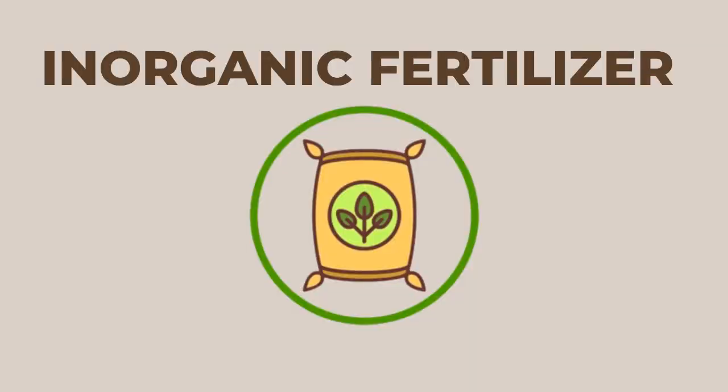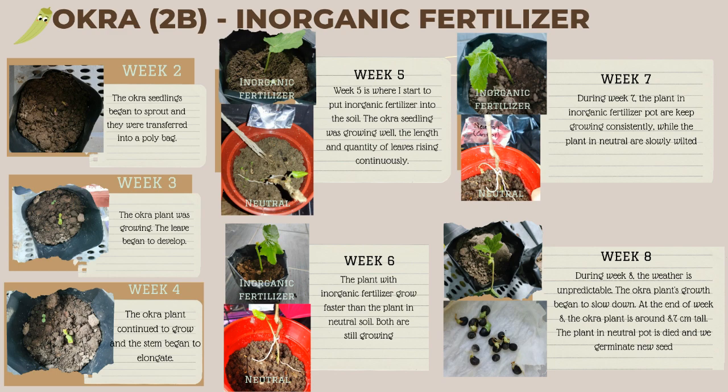I will talk about the inorganic fertilizer parameter. In week 2, the okra seedlings began to sprout and they were transferred into a poly bag. In week 3, the okra plant was growing and the leaves began to develop.